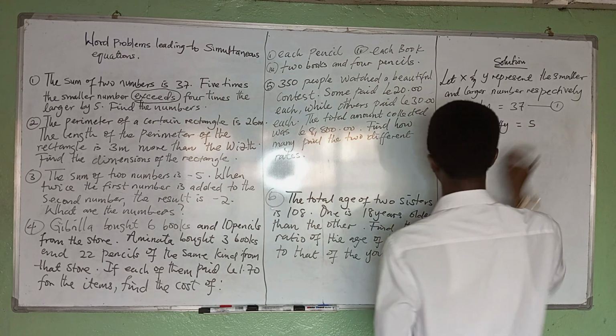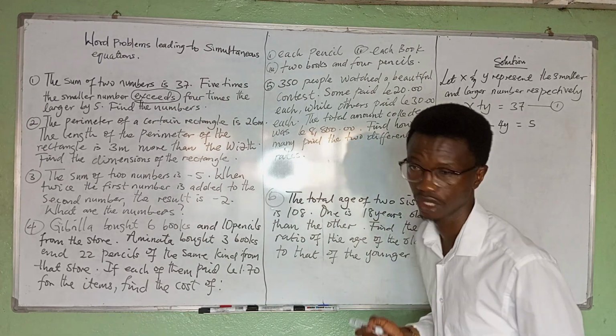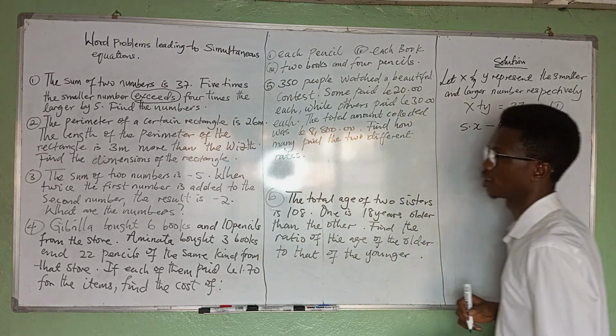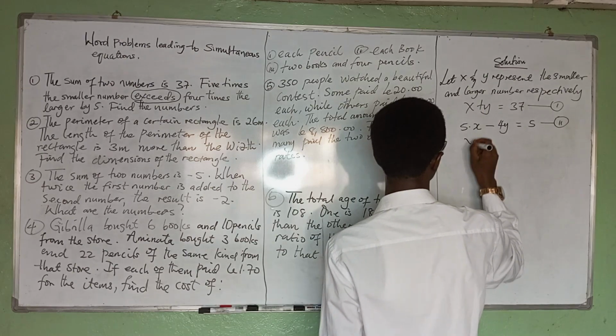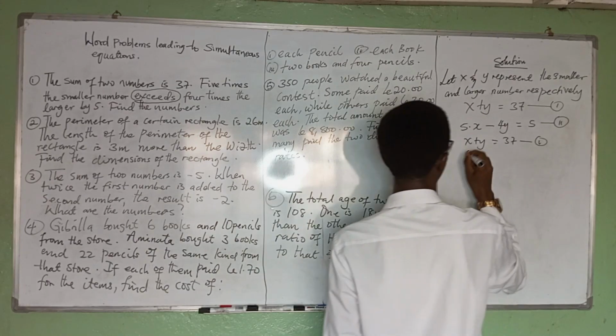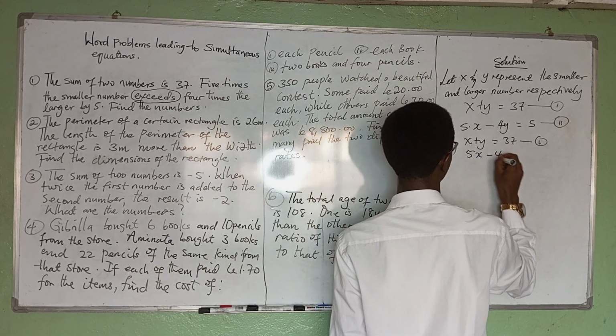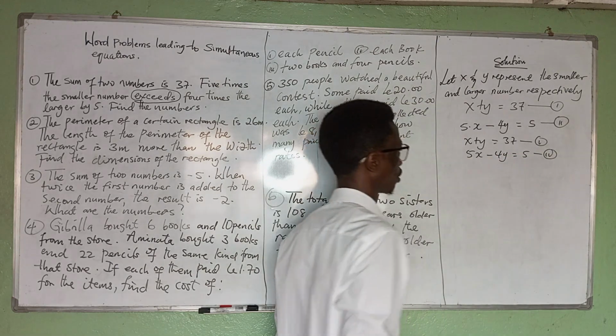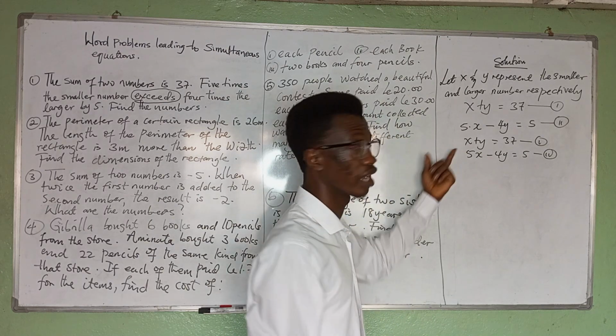By 5 means equals 5. This will be your equation 2. So x plus y equals 37, equation 1, and 5x minus 4y equals 5, equation 2. Now you solve for x and y.